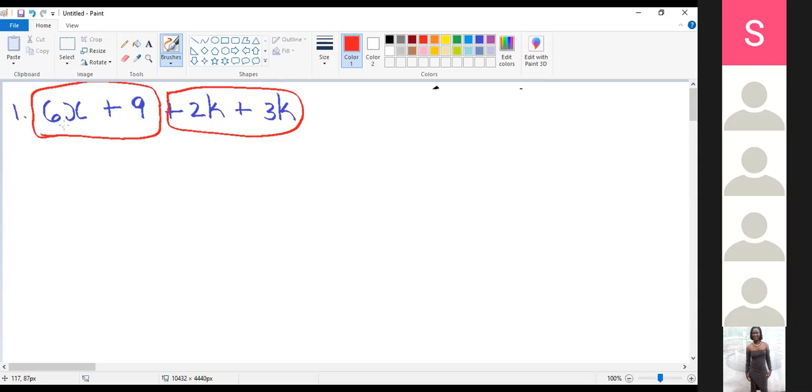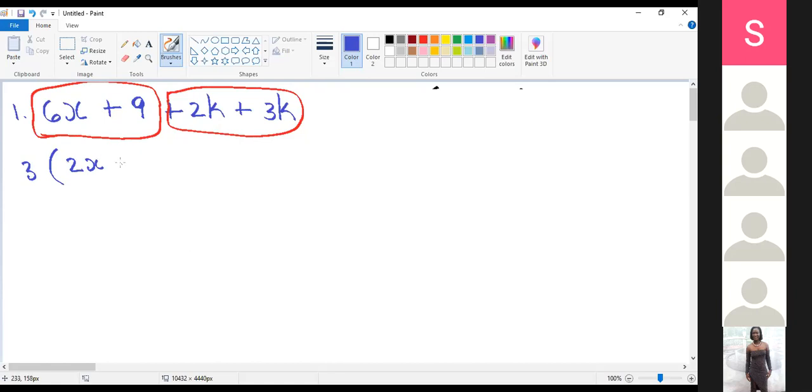So let's go ahead and factorize 6x plus 9. What's the highest common factor for that? 3. 3, good. So 3 into 6x gives you 2x.